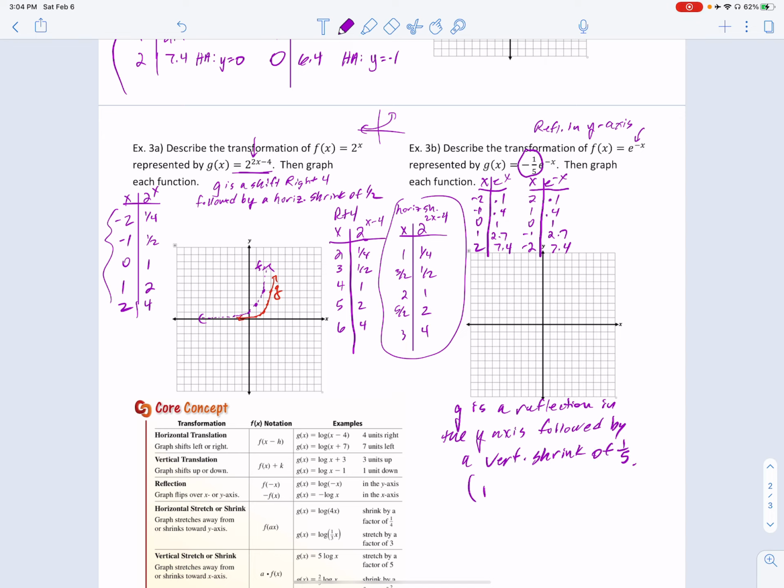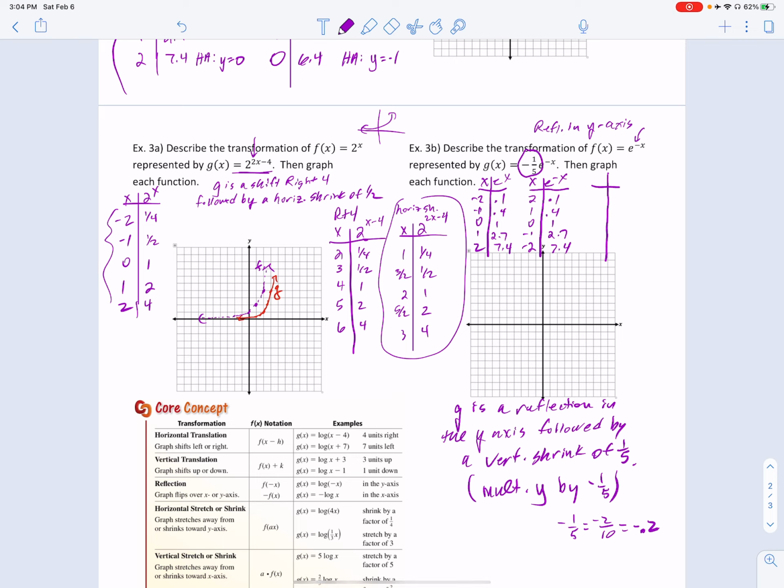And so to get that done, you are just going to end up multiplying all the y values by negative 1/5. You can do those both in the same step. So all the y values are going to be times a negative 1/5. And a negative 1/5 is the same as a negative 2/10, which is the same as a negative 0.2. So you're going to be multiplying by negative 0.2.